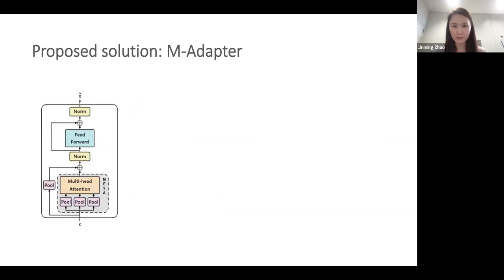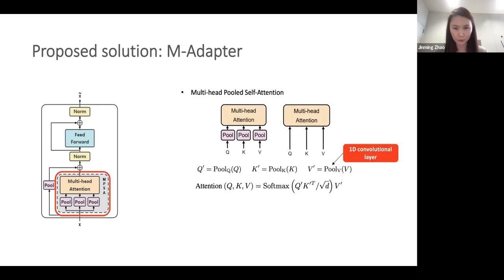Now let's look at the Adapter more closely. The key to the architecture is multi-head pooled self-attention. I presume you're all familiar with self-attention. In the vanilla transformer layer on the right-hand side, the input and output sequences of this layer have the same length.